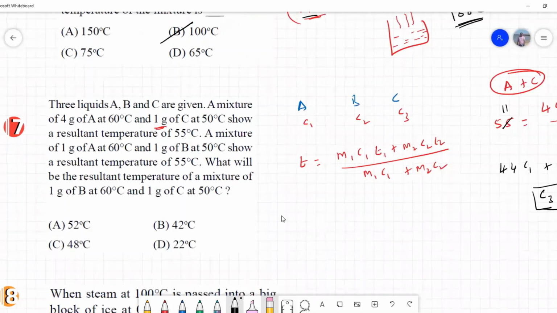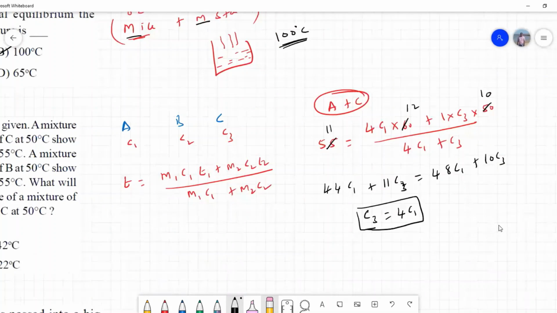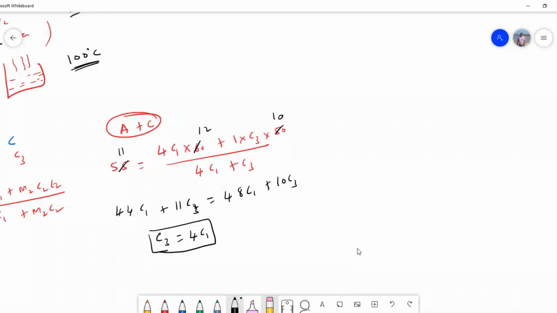Now what are mixed now? A mixture of 1 gram of A at 60, 1 gram of B at 50. Again the resultant temperature is the same. So let's now take A plus B as the mixture. What is the resultant temperature again? 55.